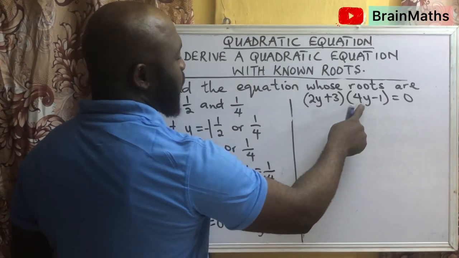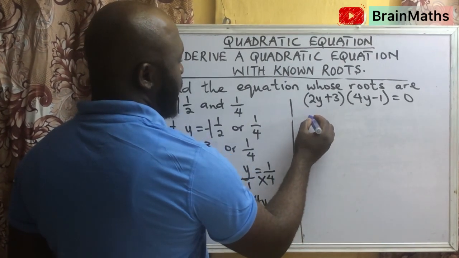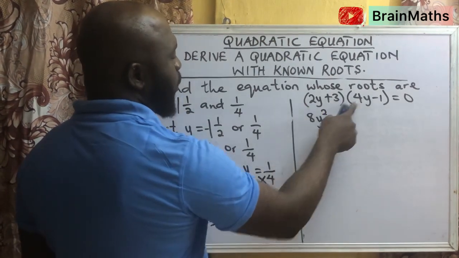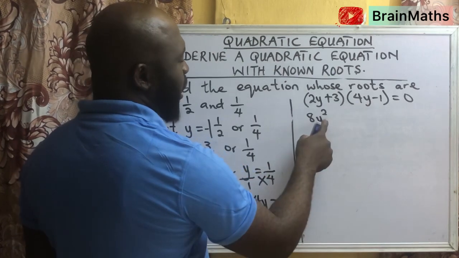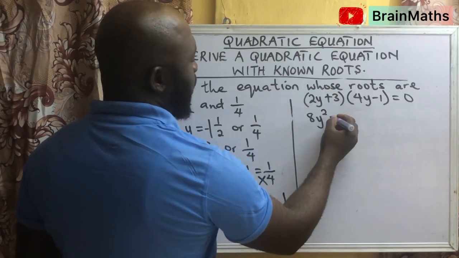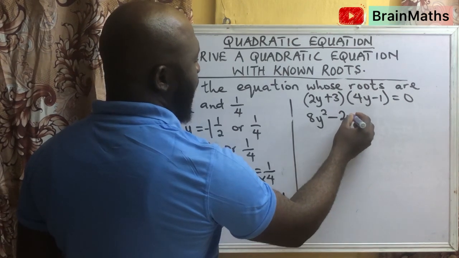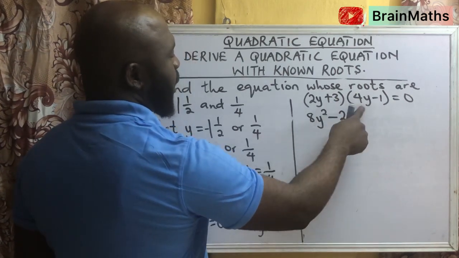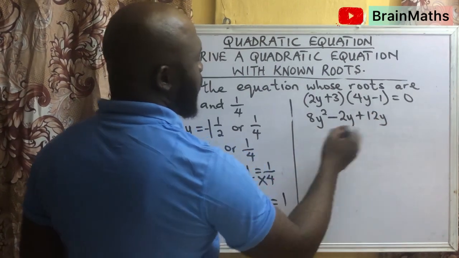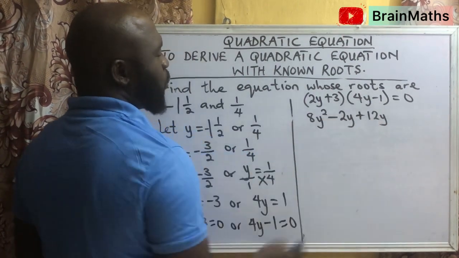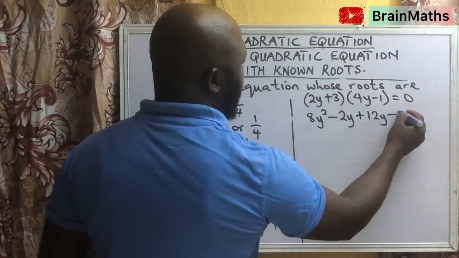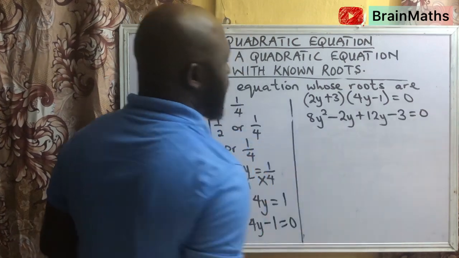So 2y times 4y is going to give us 8y squared. 2 times 4, 8, y times y, y squared. 2y times minus 1, that is going to give us minus 2y, plus 3 times 4y, that is going to give plus 12y, plus 3 times minus 1, plus times minus, minus 3 times 1, 3, all equals 0.